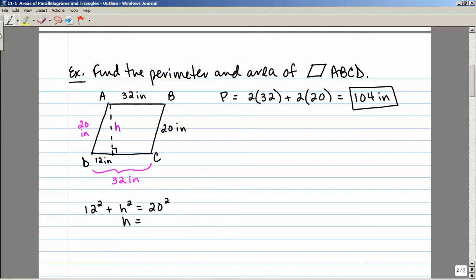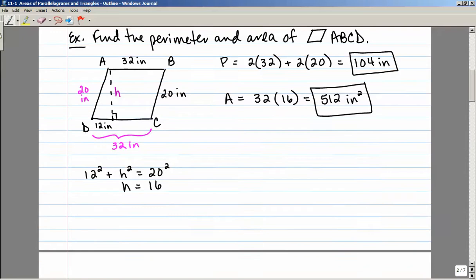And solving that, I discover that h is equal to 16. Now to find the area, I'll do base, which is 32, times the height, which is 16, or 512 inches squared. And remember that area is square units because I'm basically multiplying 32 inches times 16 inches. Inches times inches is square inches.